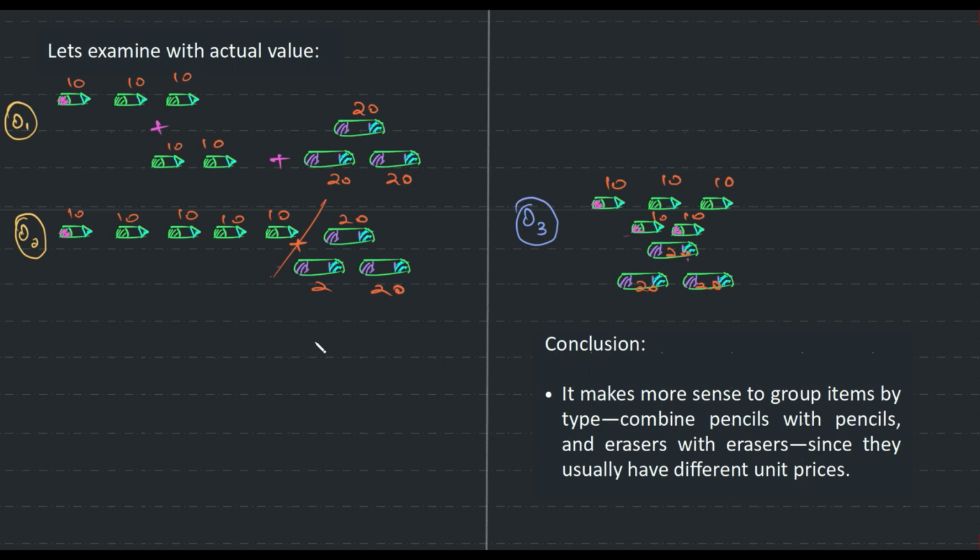Okay. So which makes more sense? So you add 10 plus 10 plus 10, that is 30, plus 20 plus 60.